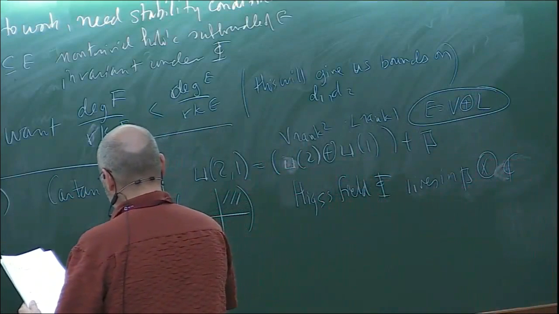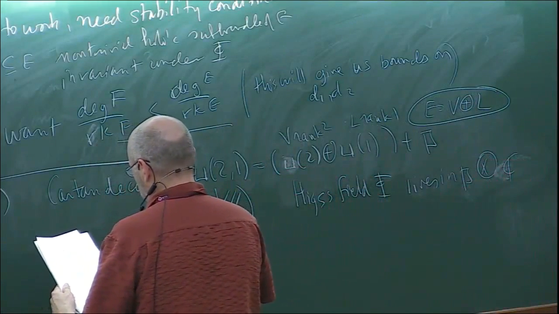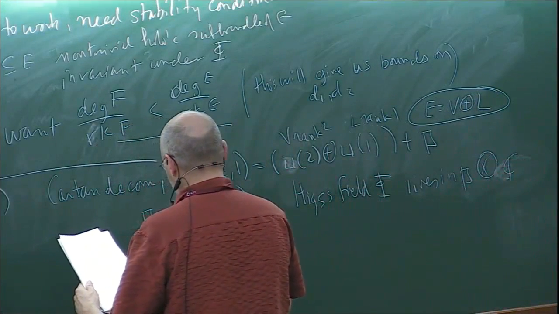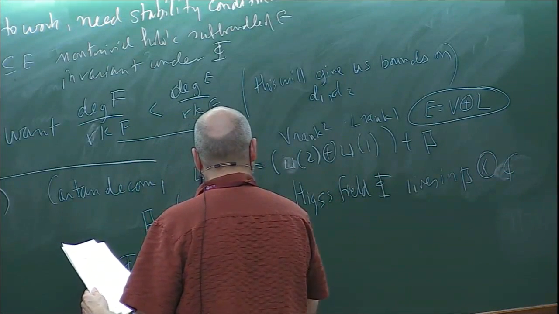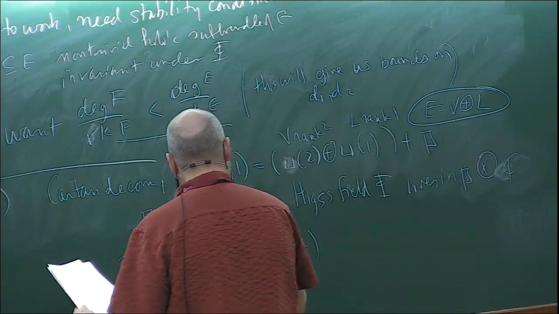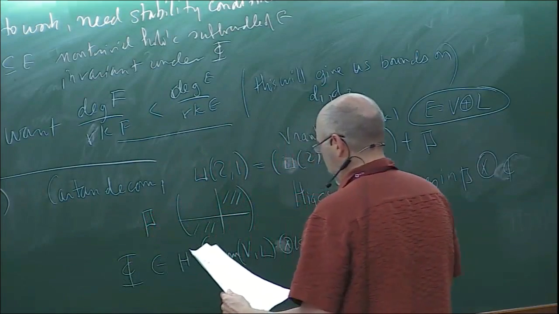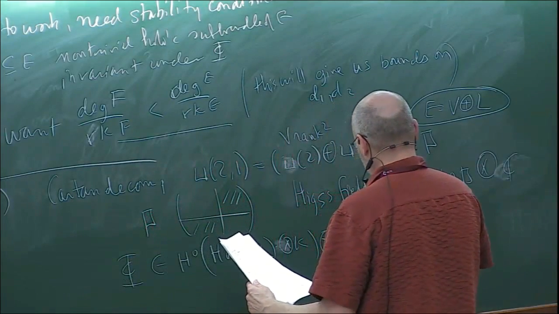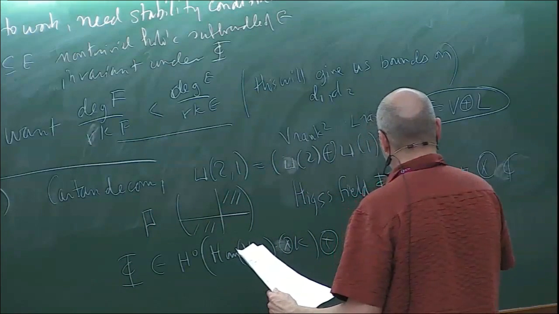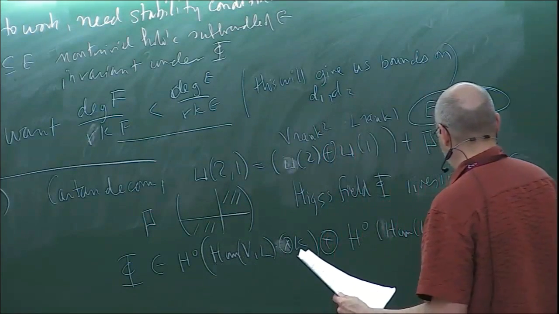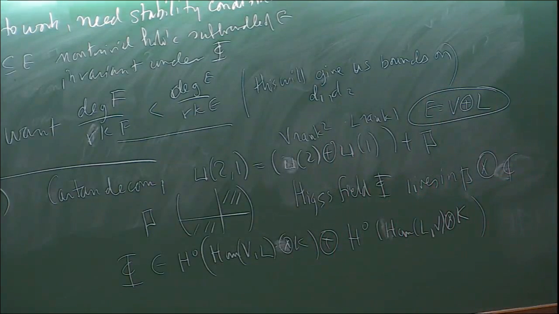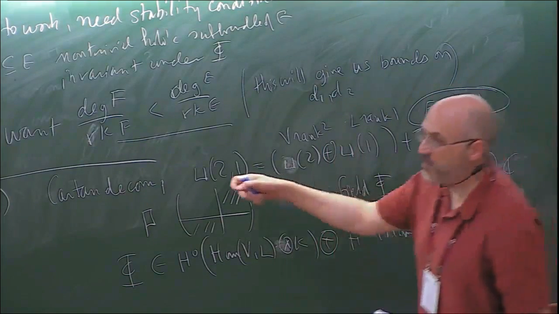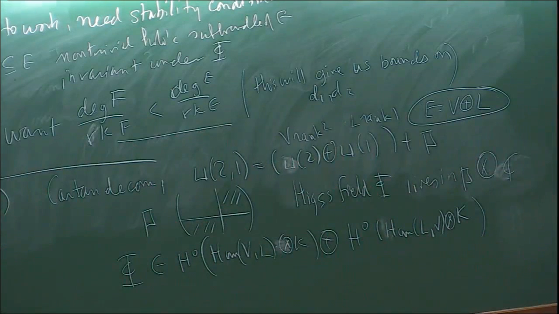And so in particular, phi is going to be an element of H0 of Hom from V to L tensor K, plus the other part, H0 of Hom from L to V tensor K. Okay? So this is kind of the geometry of Higgs fields on U21.